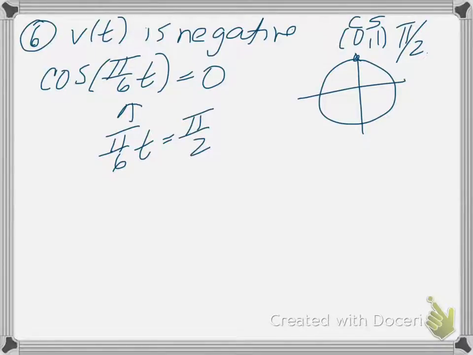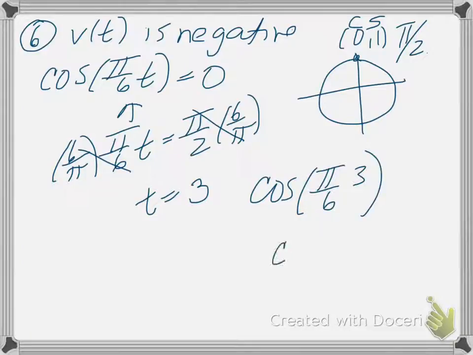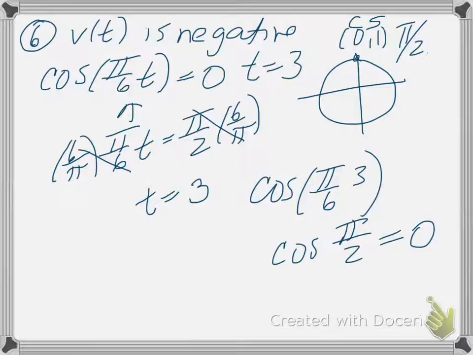If you multiply both sides by 6 over pi, you'll get t equals 3. You can test this because cosine of pi over 6 times 3 would be cosine of pi over 2. That's equal to 0.